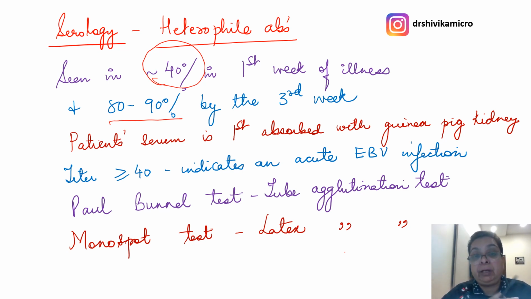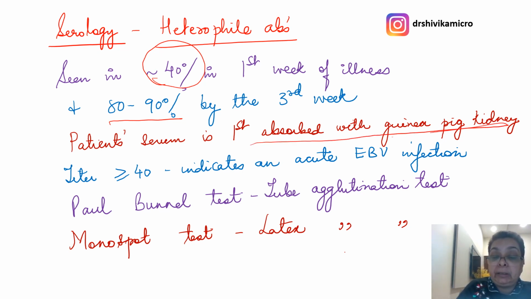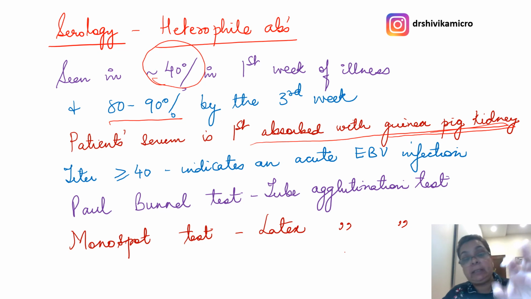When we are testing for heterophile antibodies, we want to remove the non-specific antibodies which the patient may have had earlier because of some other infection or because of administration of horse serum. Those antibodies are first absorbed by guinea pig kidney cells. Okay, so serum is first exposed to these guinea pig kidney cells.